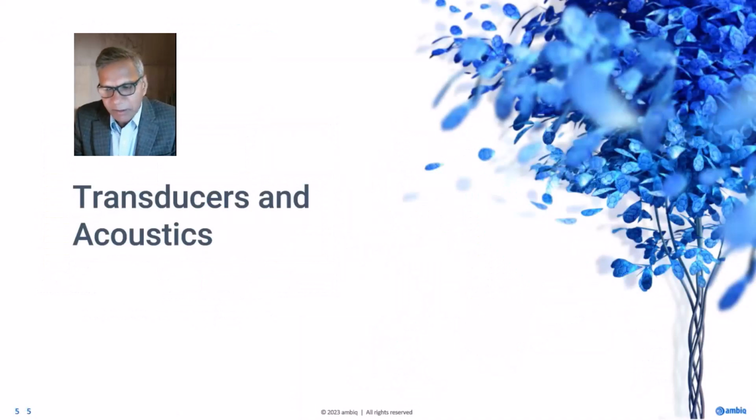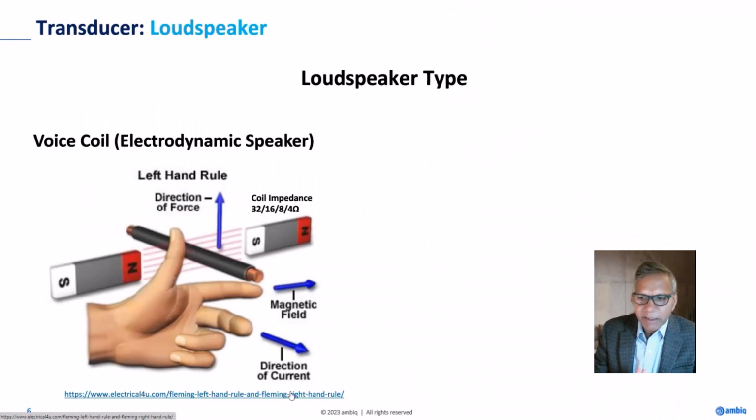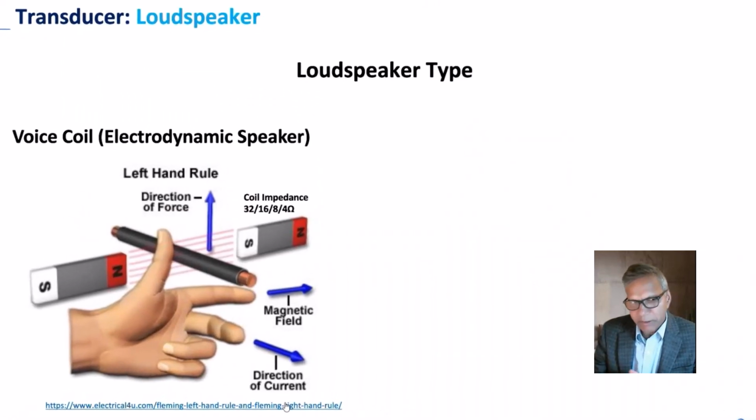With that, we can now come back to what we need to know in order to design a telephone. The first thing we want to discuss here is the transducers and acoustics. Voice coil-based loudspeakers have been widely used in telco endpoints, whether it's a conferencing system, professional audio, smartphone, smartwatch, or even headsets.